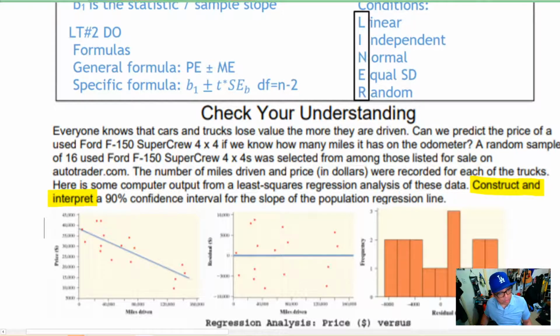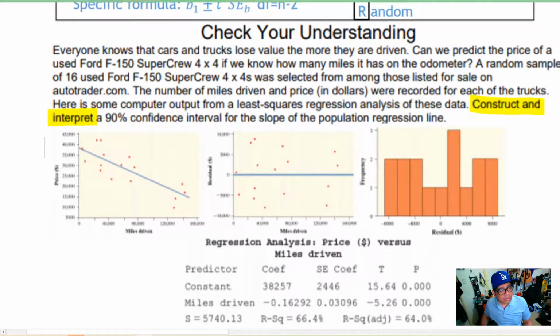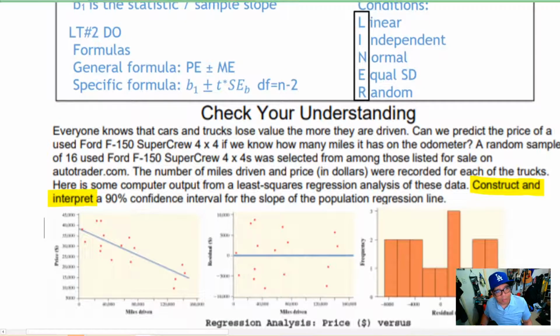Linear, of course, we talked about that. The scatter plot is in a line, and the residual plot doesn't show a curve. Independent, well, 10% rule, so there has to be more than 160 used Ford F-150s, and I think that kind of makes sense.